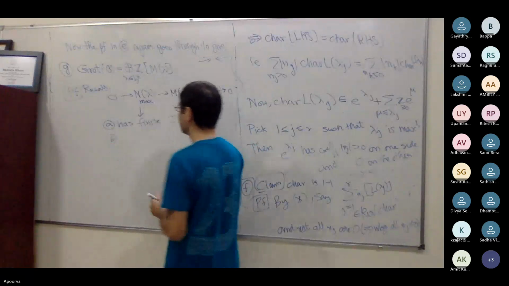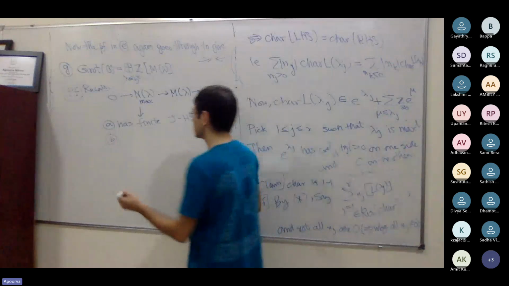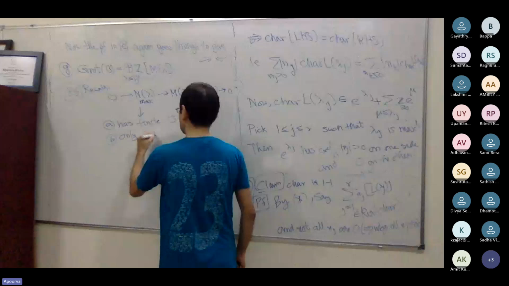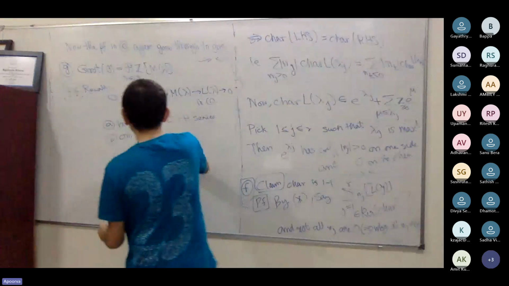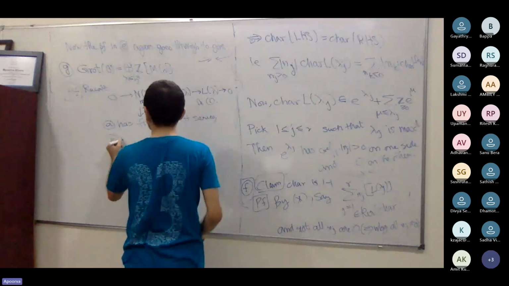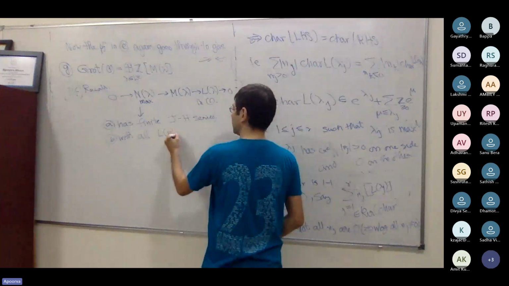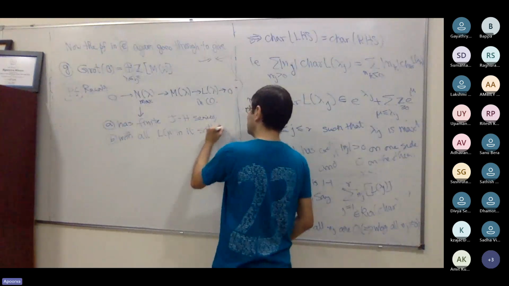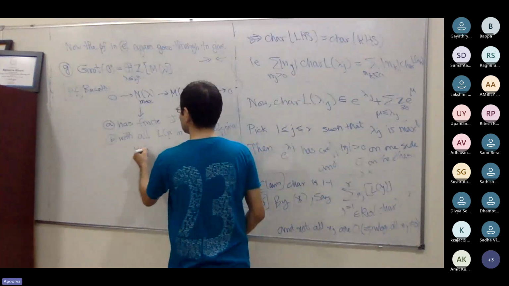And secondly, all the highest weight vectors, so all the factors that occur, all L mu in it, satisfy mu less than or equal to lambda.